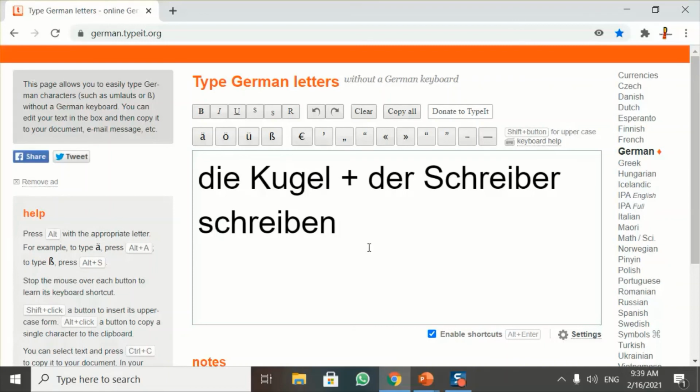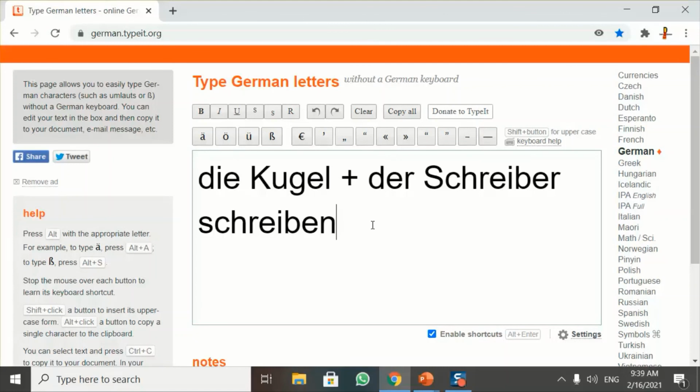And note that schreiben is a pure regular verb and has similar conjugation to the conjugations of the previous purely regular verbs that I've covered with you. Ich schreibe, du schreibst with an st ending.